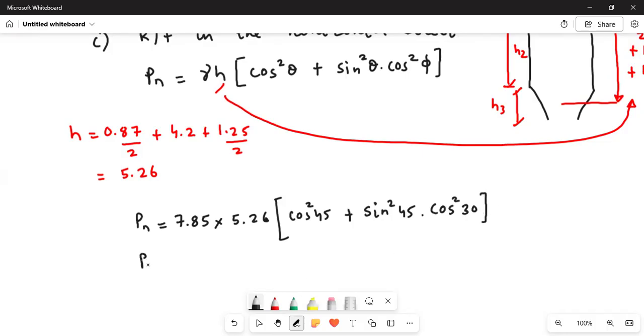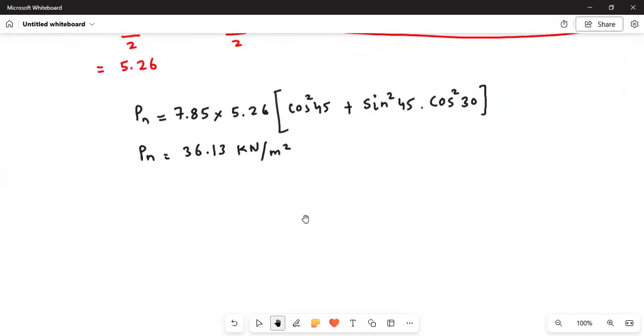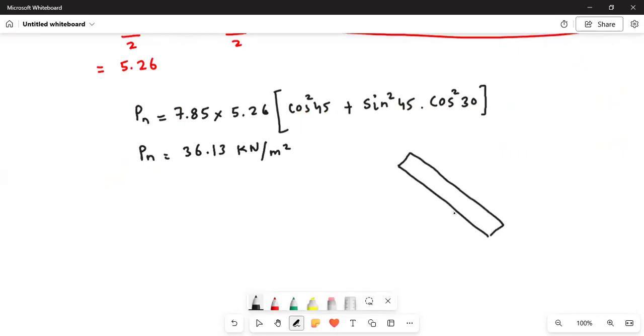So Pn equals 36.13 kilonewton per meter square. So this is the normal pressure acting on the sloping slab.